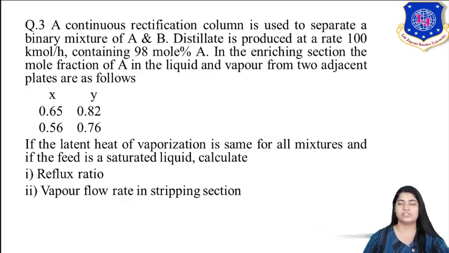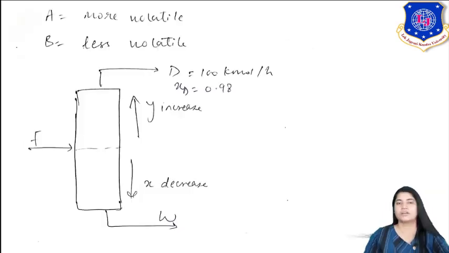Two adjacent means I am talking about 1 and 2 here. If latent heat of vaporization is the same for all mixtures, this is the assumption of the McCabe-Thiele method, that molar latent heat of vaporization is constant, and the feed is saturated liquid, then calculate the reflux ratio and vapor flow rate in the stripping section.